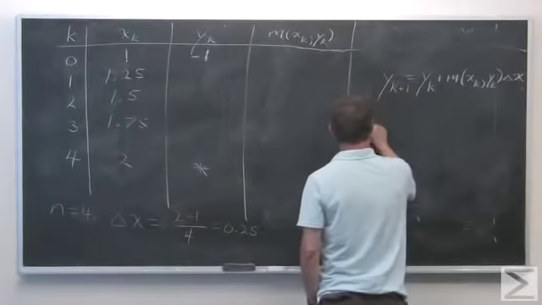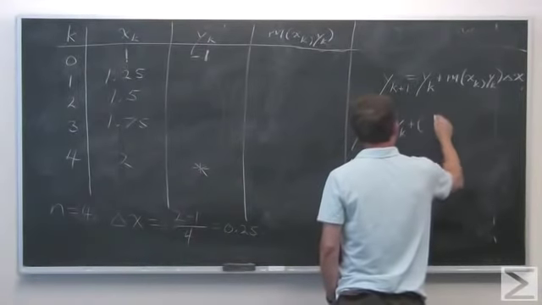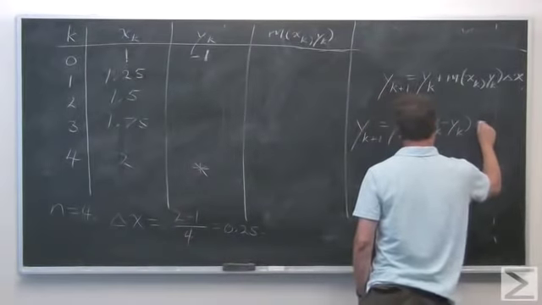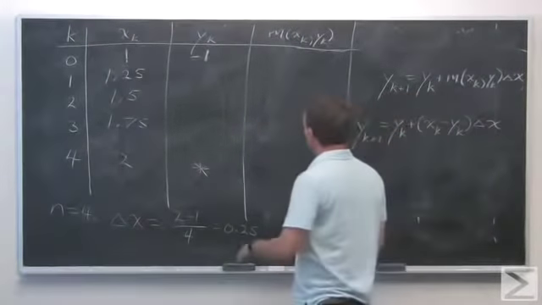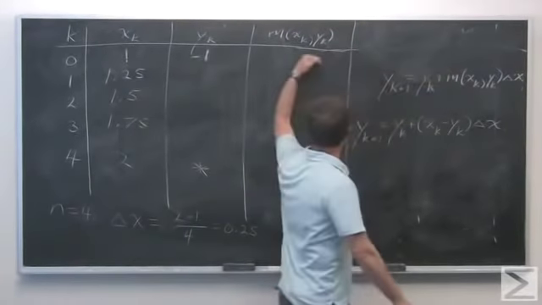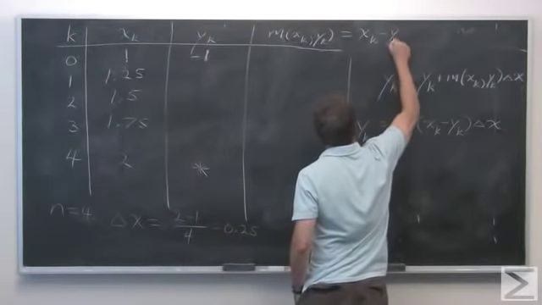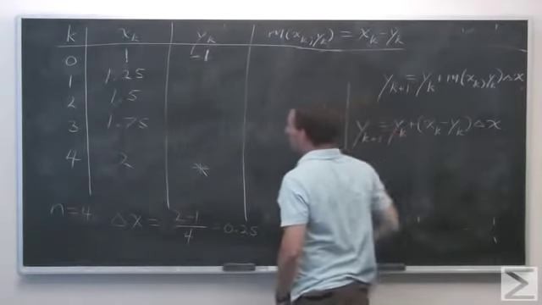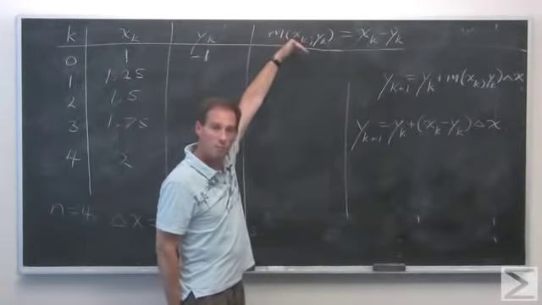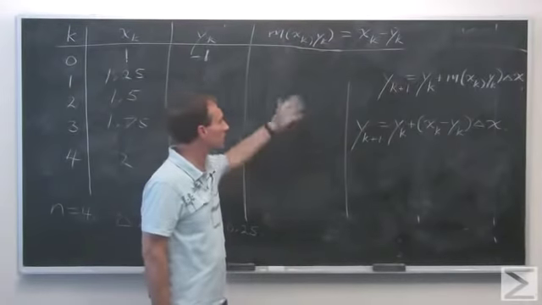So again, in our specific example, this is y sub k plus, we know this function in our example is x sub k minus y sub k, times delta x. So this is the formula we're going to use. That's why I've got an m of x sub k, y sub k column. So in our example, that's x sub k minus y sub k. This is the column that would change when you have different differential equations, because this is the column that has to have a formula in it that corresponds to the m of x, y that you've got. We had x minus y.